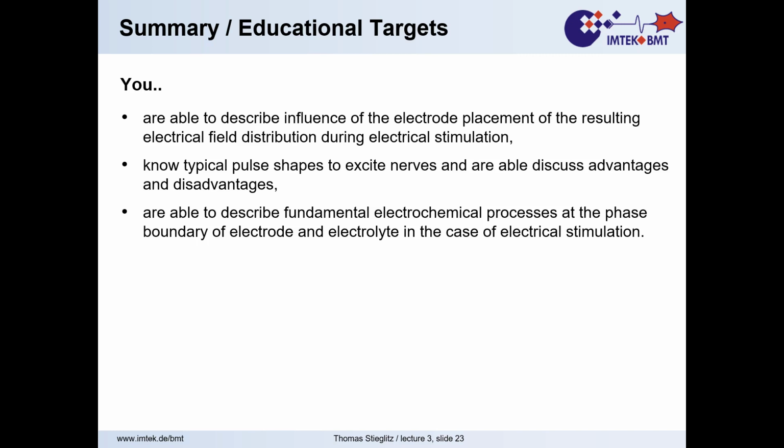What does the field do if I extend the distance between the electrodes, or if I have a larger distance to the nerve? What typical pulse shapes do I have? And that's the hard part, what typical electrochemical processes occur at the phase boundary? That's the core of today's lecture.